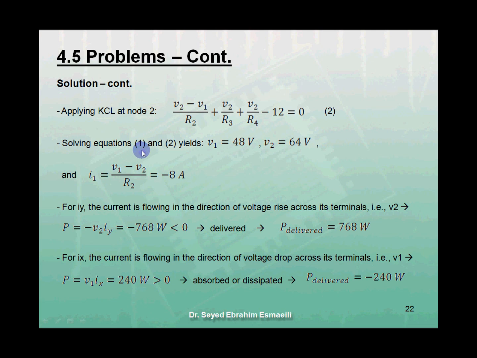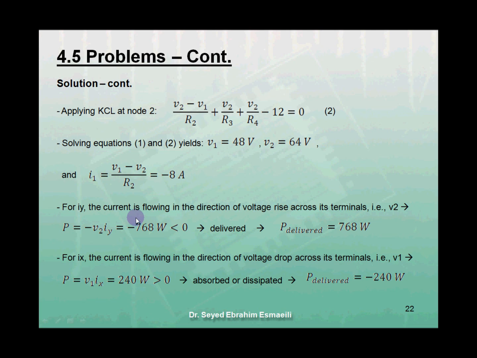Solving equations 1 and 2 for V1 and V2, we get V1 equals 48 volts and V2 equals 64 volts, from which I1 equals (V1 minus V2) over R2 equals minus 8 amps.